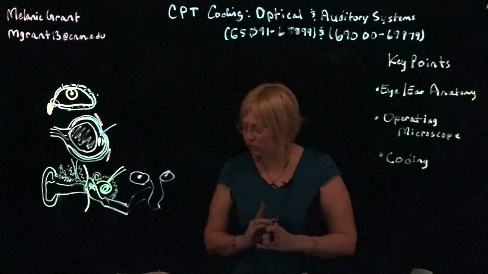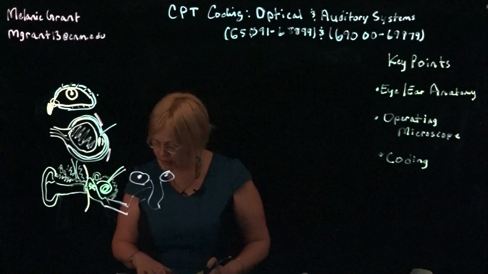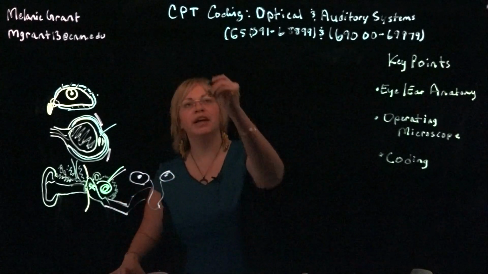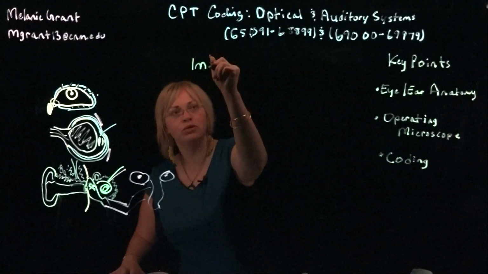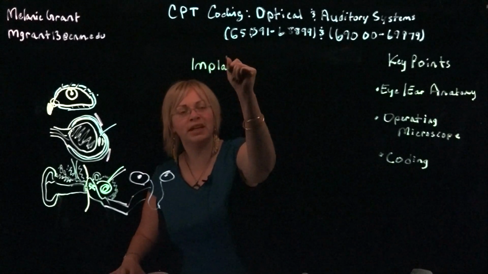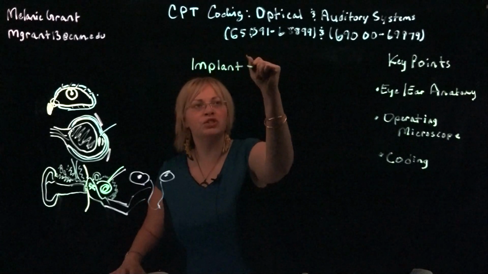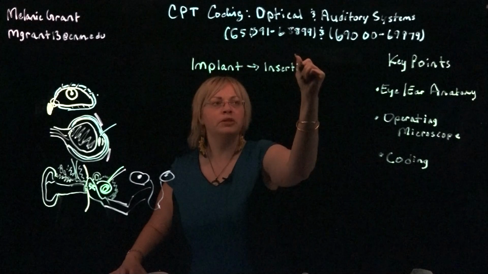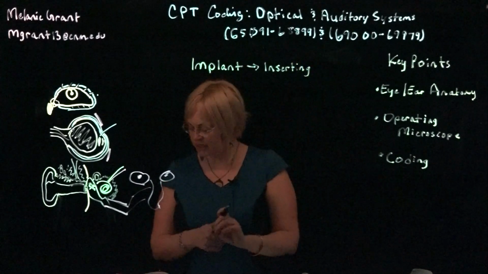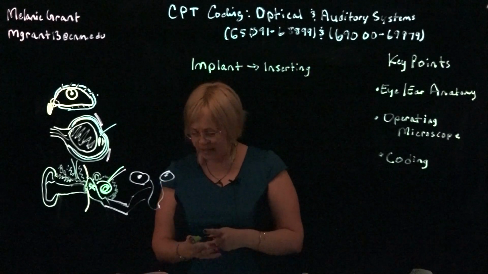So we will read through that and say, what is it that they're doing? It's a cochlear implant. And so our action word, or the thing that we're doing today, is we're implanting or inserting. So we always want to think of it like an implant is an insertion of a device.